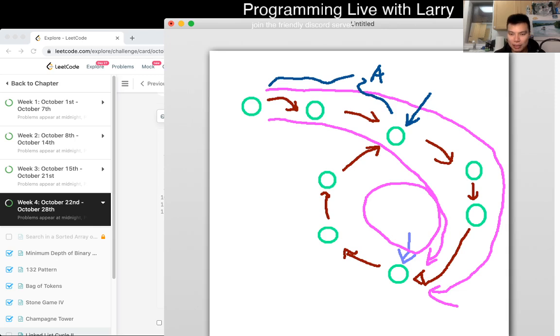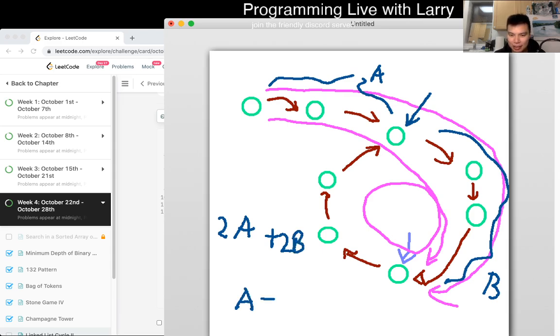The slower pointer would have this chunk, which is B, where the faster pointer would go A. In total, it will obviously go 2A plus 2B, but that's also equal to A plus B plus some multiples of the cycle, so let's just say C and K.